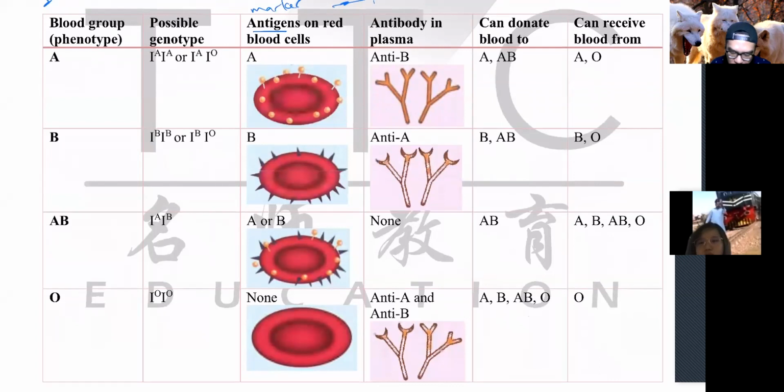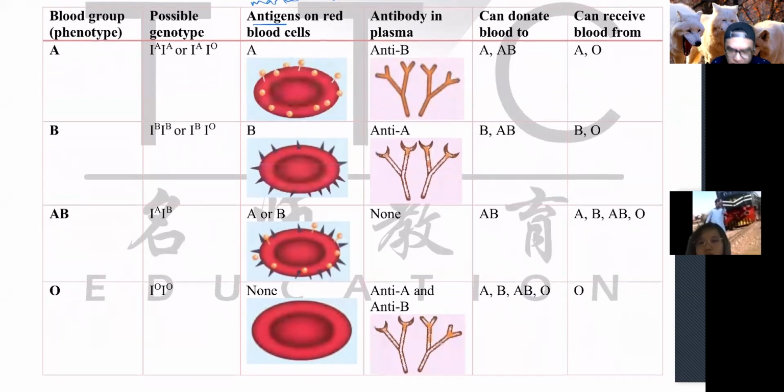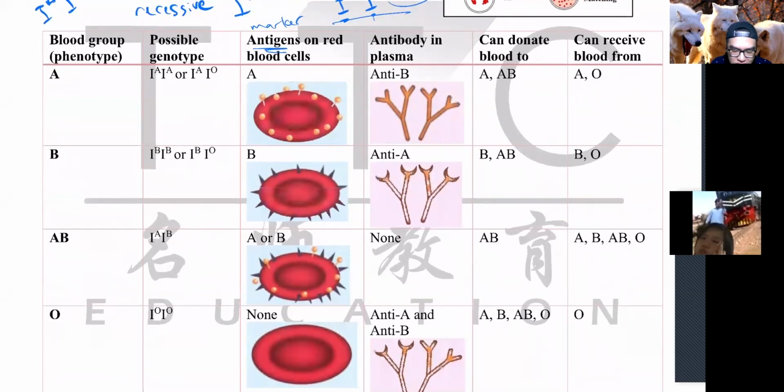So anyway, the marker. If you are blood group A, let's use A as a round shape, and B as a triangle shape. If you're blood group A, all your red blood cells have round shape markers.